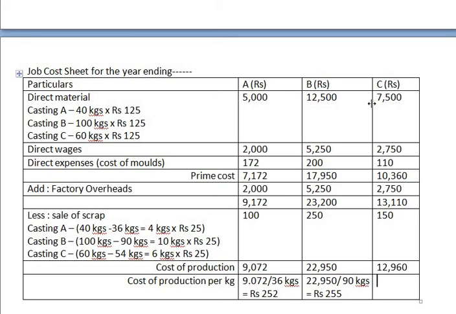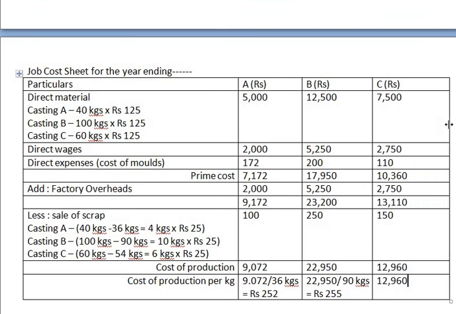Okay, now next for casting C, 12,960 divided by 54 kgs, which equals rupees 240, right? Yes, this is how we will solve the problem.